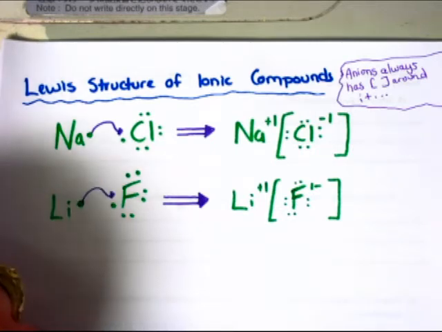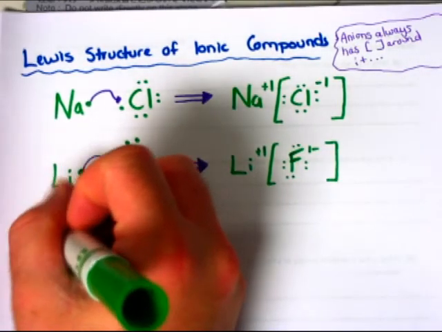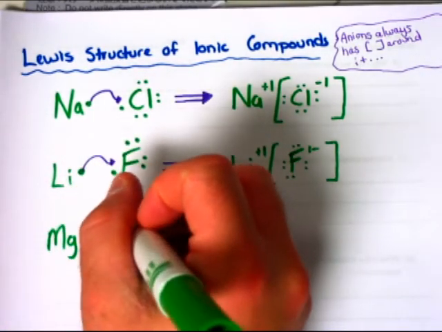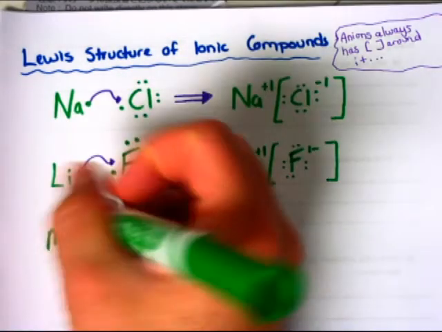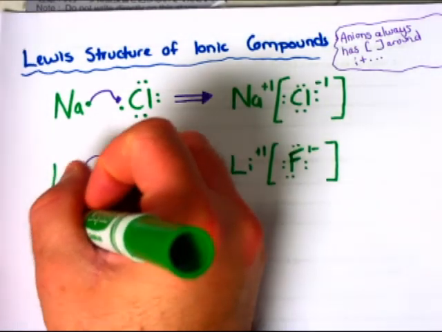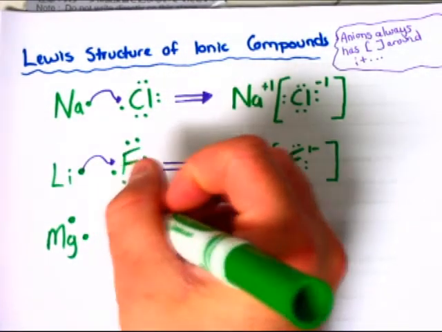Now I'm going to show you a different example. Mg with S. How many valence electrons does magnesium have? How do you know it has 2? It's an alkaline earth metal. Got 2 valence electrons. Sulfur has 6, right?